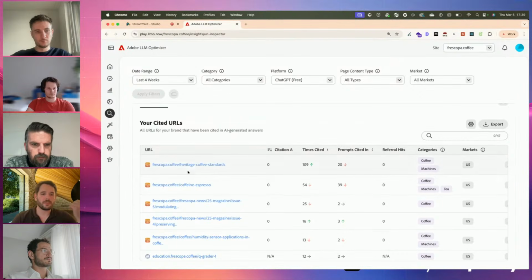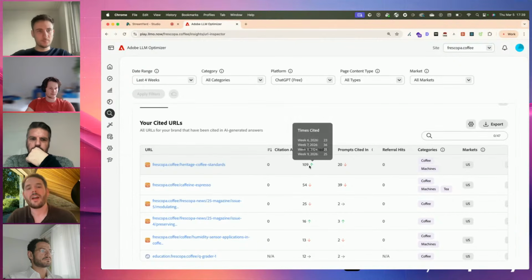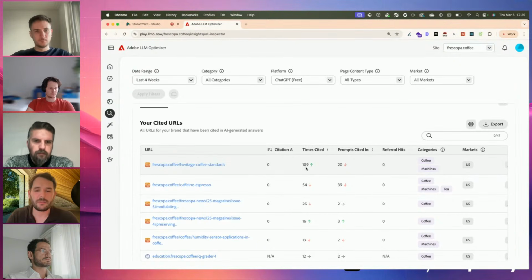So for example, Heritage Coffee Standards, you can see that it's not getting citation attempts, but it's getting cited. Okay, this is dummy data, so it should be higher. But then it gets cited quite often. It gets cited 109 times in 20 prompts, which would say that you get cited 5 times per prompt for this one.